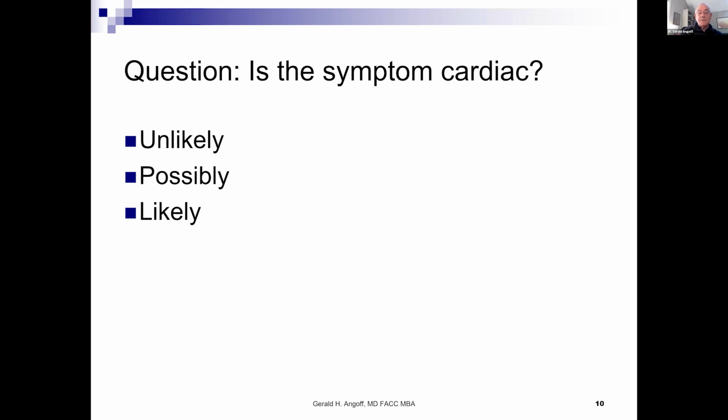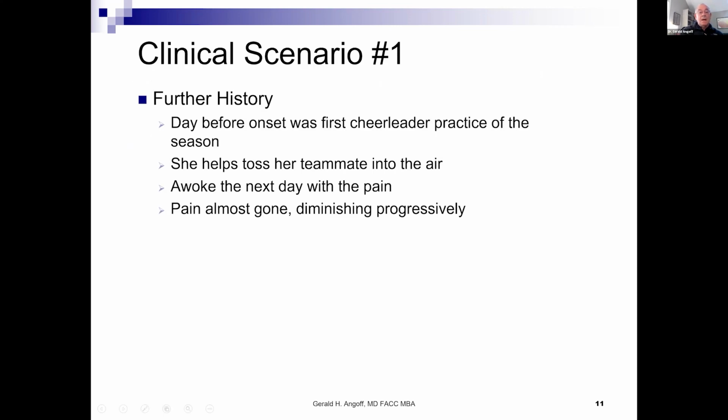All right. So let's delve further. Again, history. The day before onset was the first cheerleader practice of the season. She was a cheerleader, and she helped toss her teammate into the air. And she awoke the next day with the pain. At the time of her visit, the pain was almost gone, diminishing progressively.